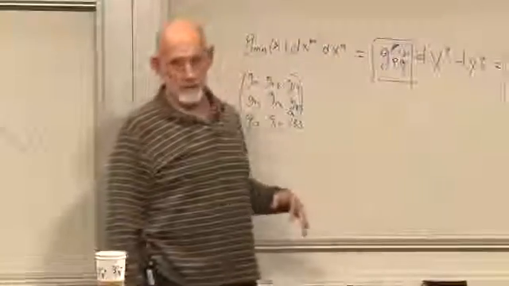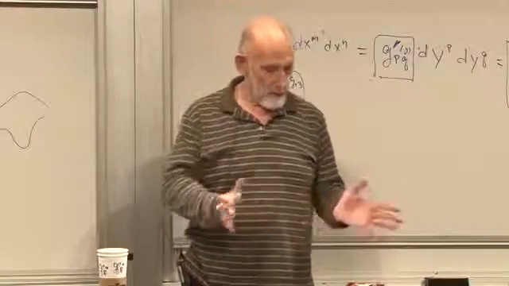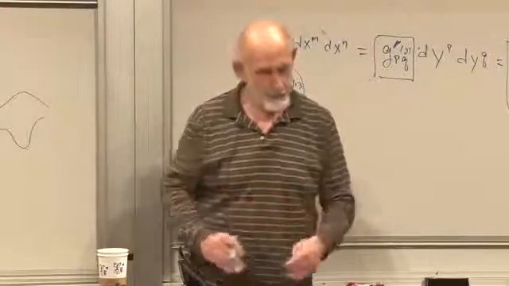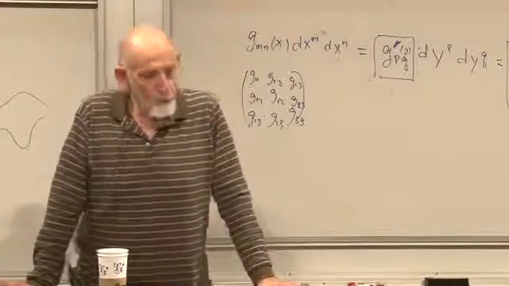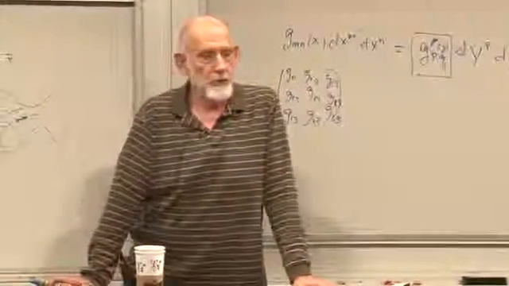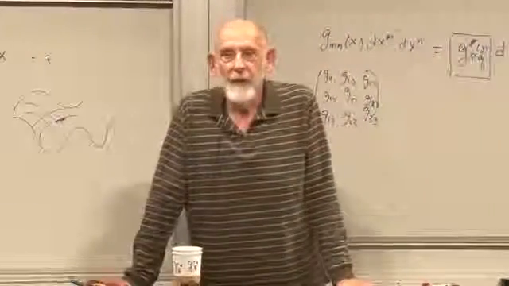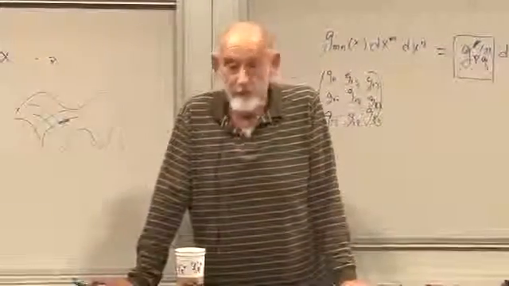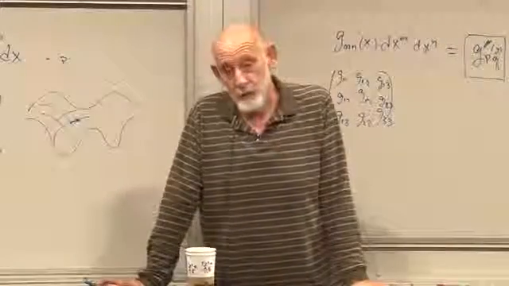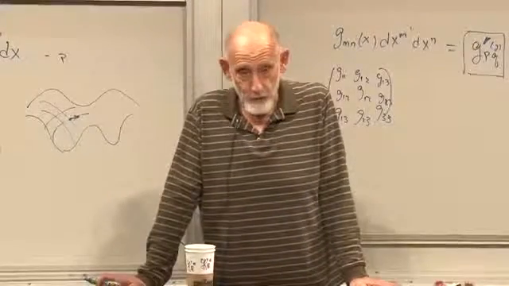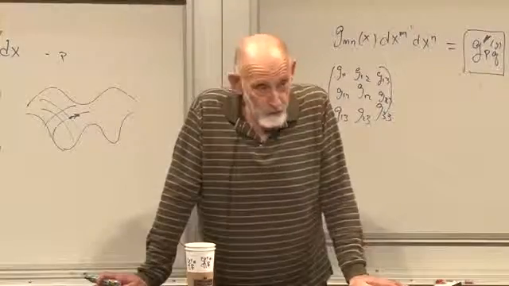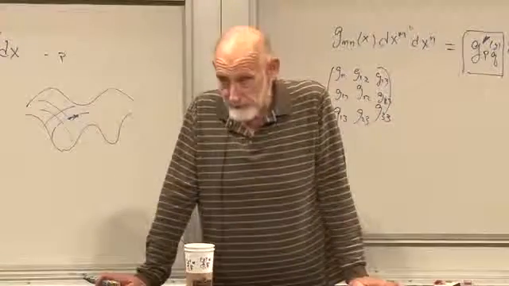And there are no vectors of zero length; every direction has a length associated with it. What do you know about matrices which are symmetric and don't have zero eigenvalues? Do you know anything? One, they are Hermitian, but they're also invertible. In other words, they have inverses. The metric tensor has an inverse.